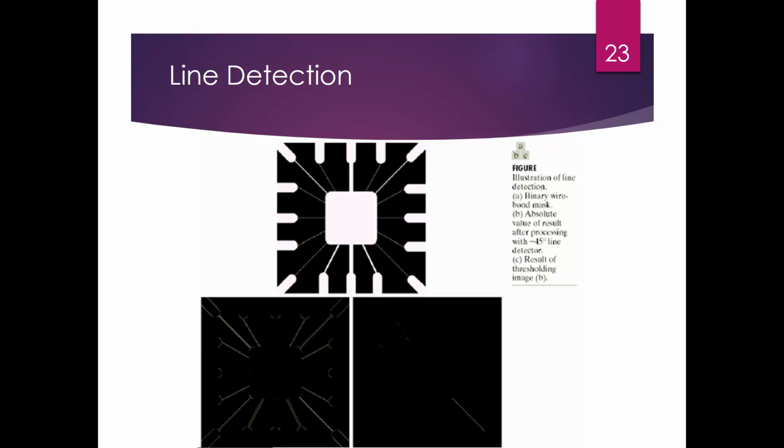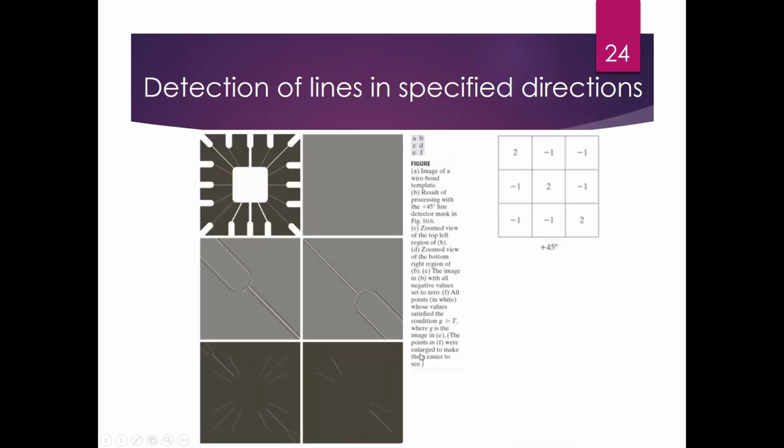So again we are taking the same example. Figure A is a binary wire-mask board and figure B represents the absolute value result after processing with a minus 45 line detector. And if we apply some thresholding value, then this figure corresponds to that. Now, detection of lines in a specified direction, you can see here this one is corresponding to 45 degrees.